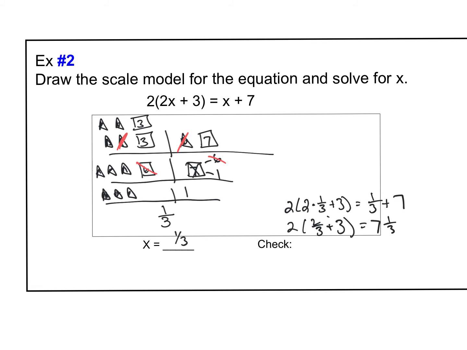This becomes 7 and 1/3. So this becomes 3 and 2/3. So 2 groups of 3 and 2/3 gives us 7 and 1/3, balanced with our 7 and 1/3.